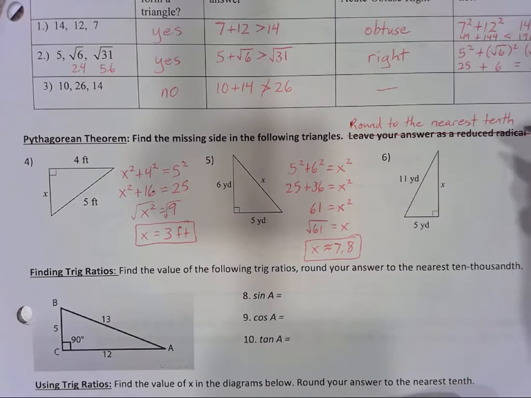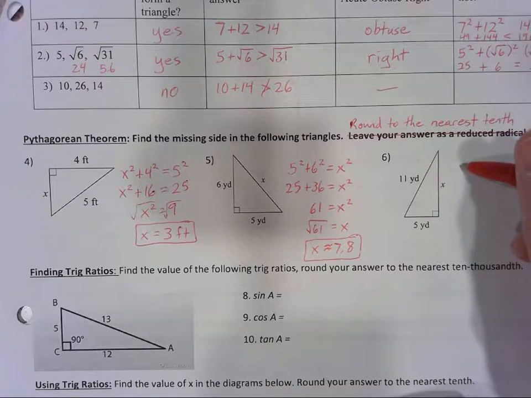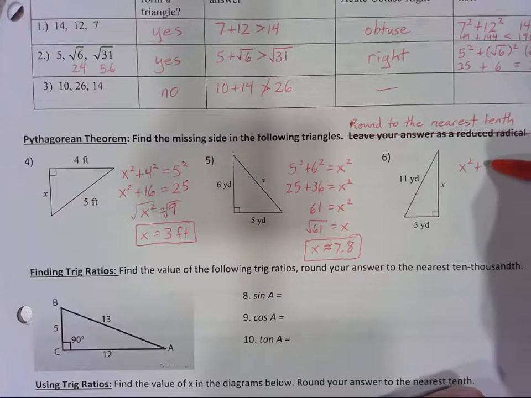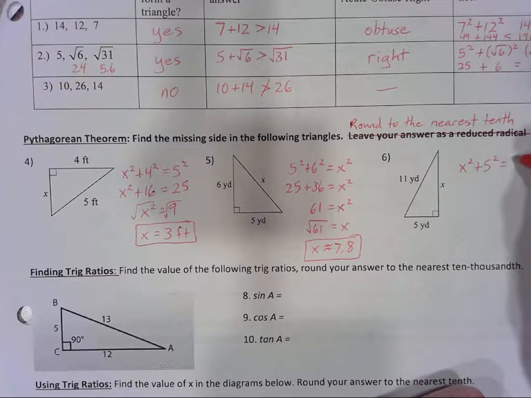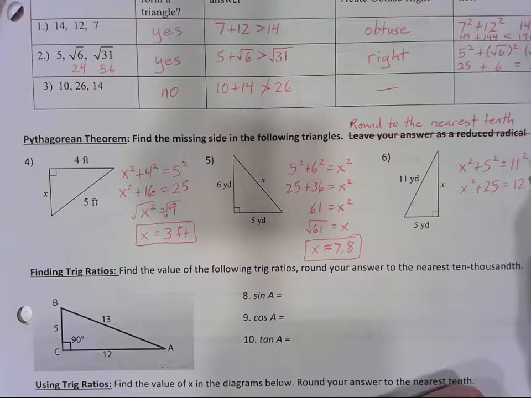Number 6, the two legs are 5 and x. So x squared plus 5 squared needs to equal the hypotenuse 11 squared. 5 squared is 25, 11 squared is 121. Subtract 25 to get 96.